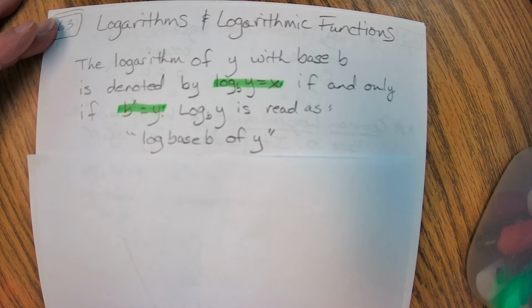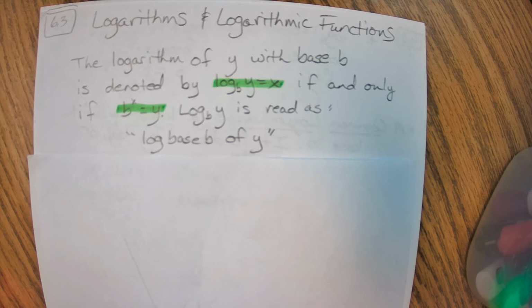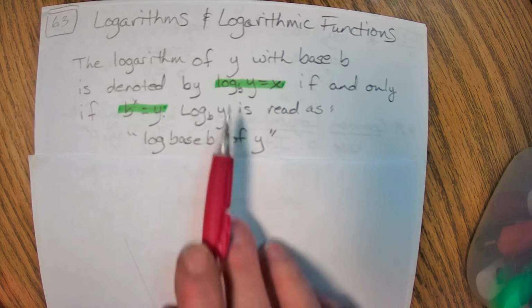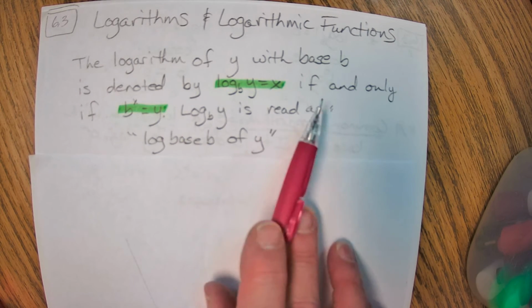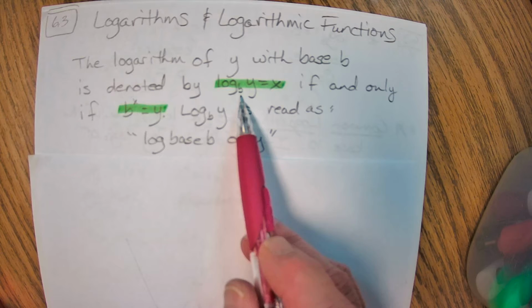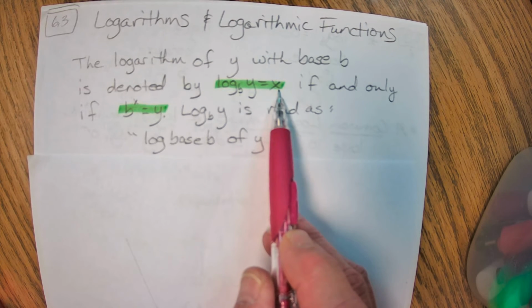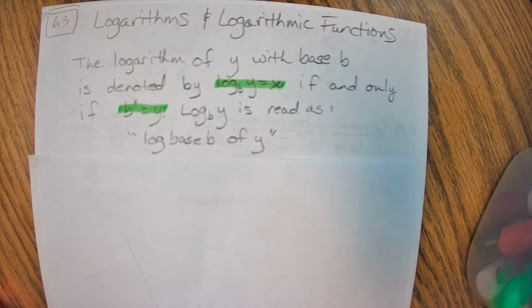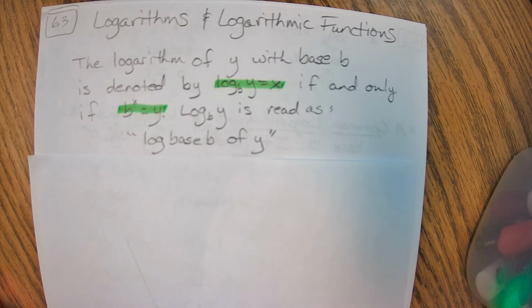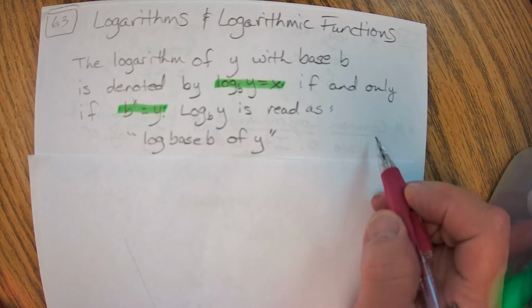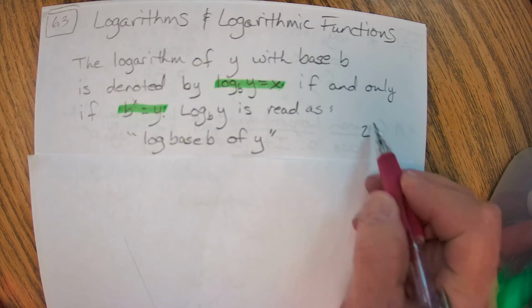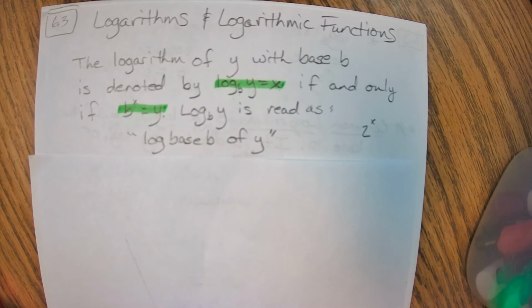Okay, so a logarithm of y with base b is denoted by this right here, if and only if this raised to that power equals that. So really what a logarithm does is undo problems like that, where you have variables in your exponents.